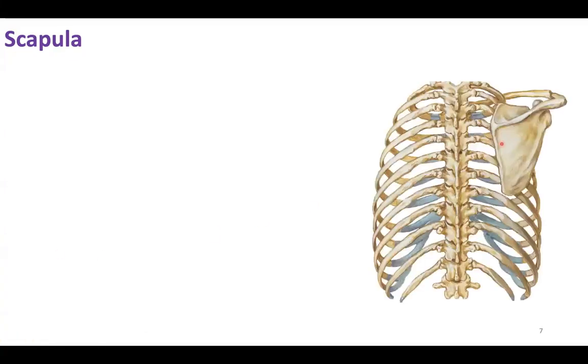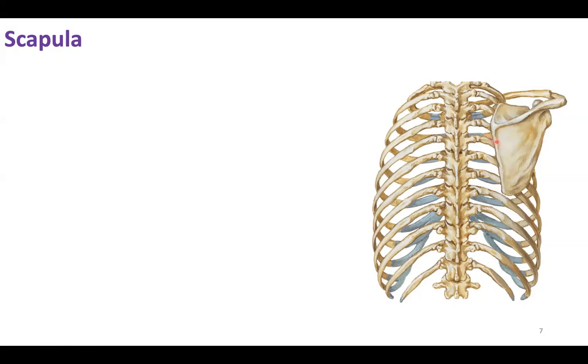So scapula is one of the bones in the shoulder region, and together with the clavicle, they form the pectoral girdle, and the pectoral girdle attaches the upper limb to the axial skeleton. So scapula is a large triangular bone. It's one example of flat bone, and it lies dorsally, and it extends from second up to seventh rib.